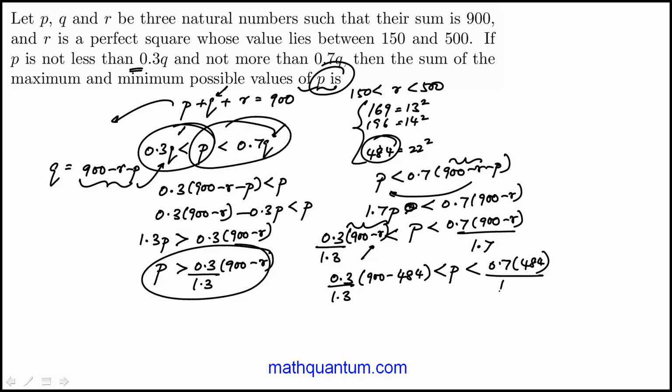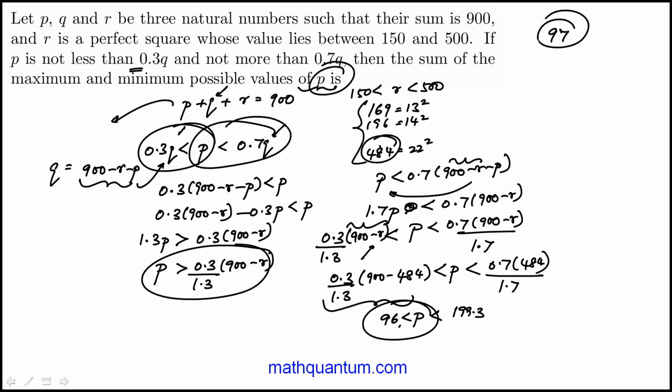I'll compute these values, but this is the part I'm interested in because that would give me the lower limit. 900 minus 484 times 0.3 divided by 1.3. So I get 96. If this was in the exam, I would be computing that as well. So that's less than 199.3. But this gives me the least value is 97.